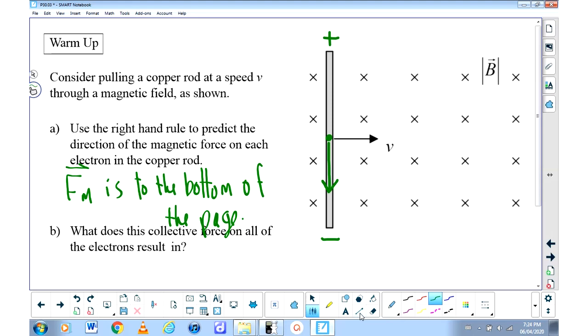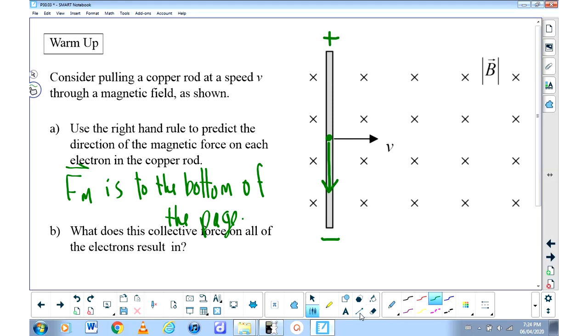And intuitively, this next idea should make sense to you, and it should also make sense to you using a formula. If I move the rod faster, the bottom will become more negative. Because when I move the rod faster, the magnetic force on each electron increases, so you'll be able to pack more electrons down on that bottom end of the rod.